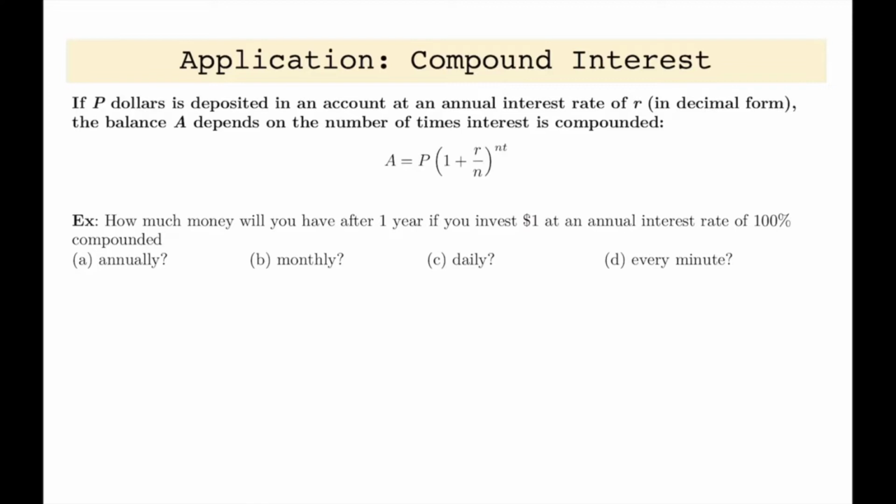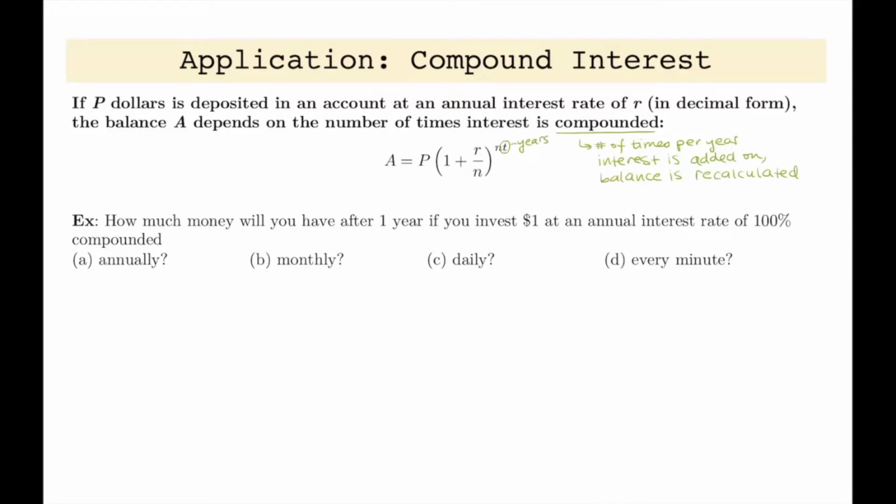So let's review what this compounded means here. It's really a fancy word that just means the number of times per year that your interest is added on, and your balance will then be recalculated. And it's worth noting here that the T has to be in years.